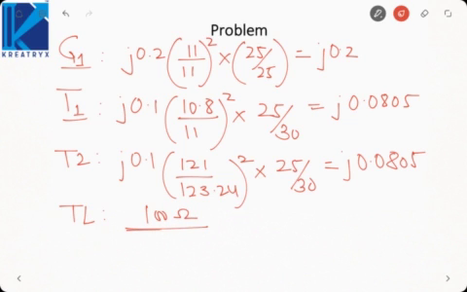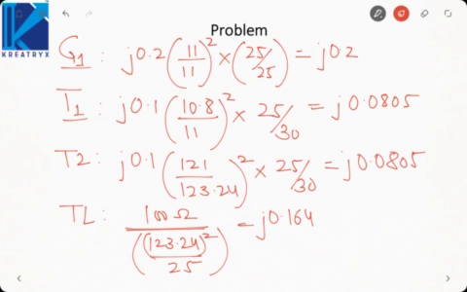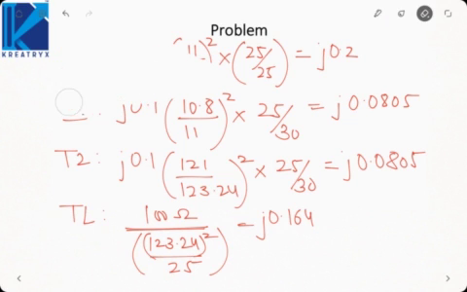We will divide it by base. Base will be V square by S, 123.24 square by S, which is 25. So this will come out to be J0.164 pu.